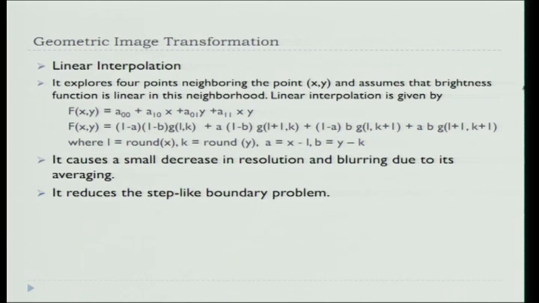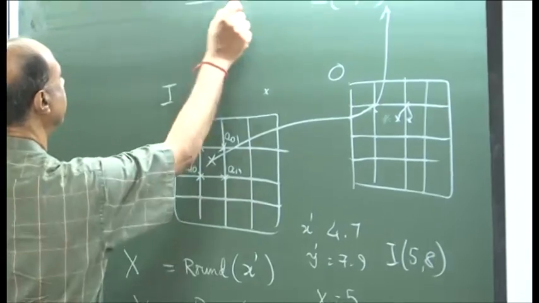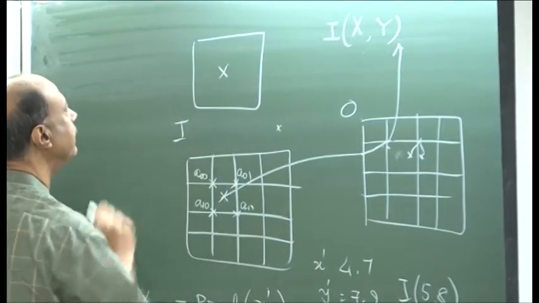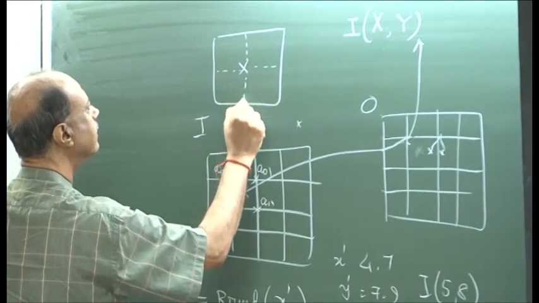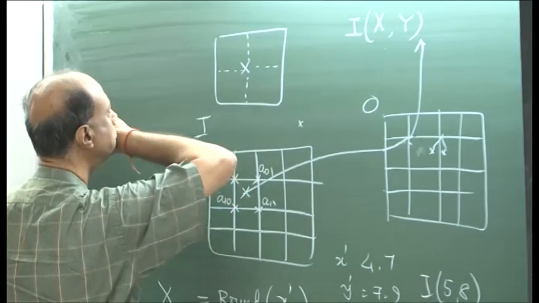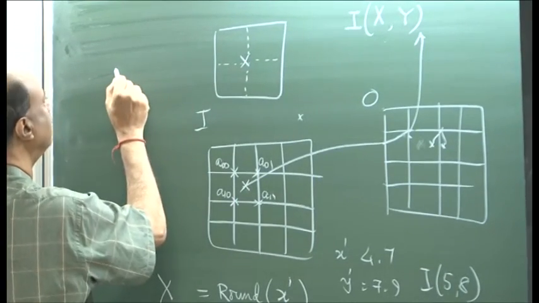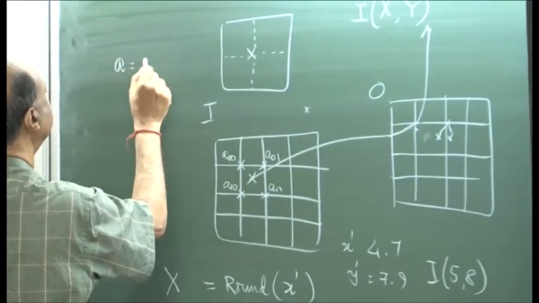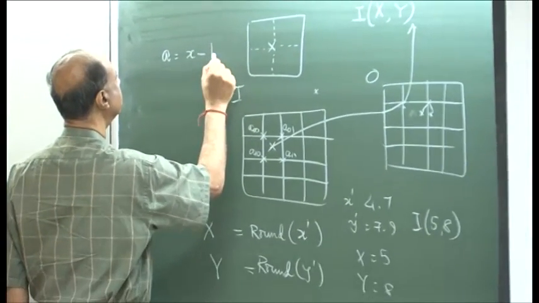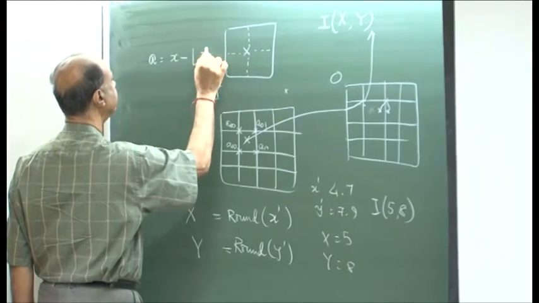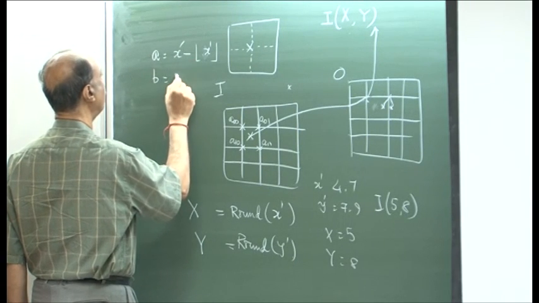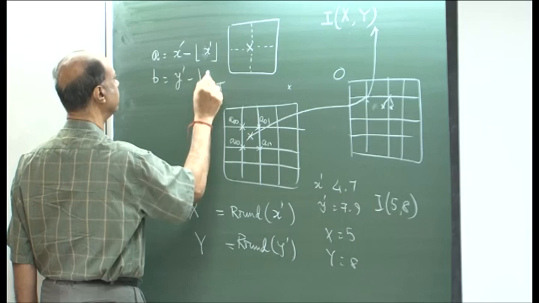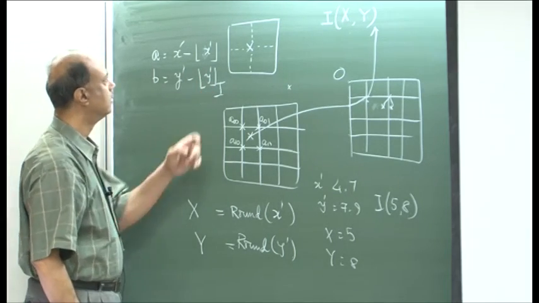If I start thinking a little differently, this is your point to be estimated. Let us assume A is x dash minus x bar, and B is y dash minus y bar.